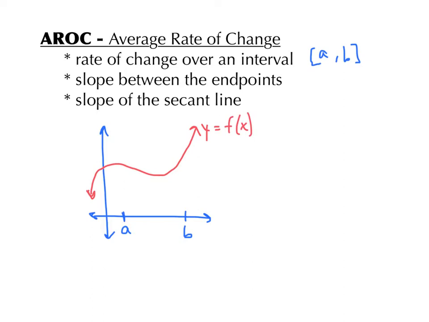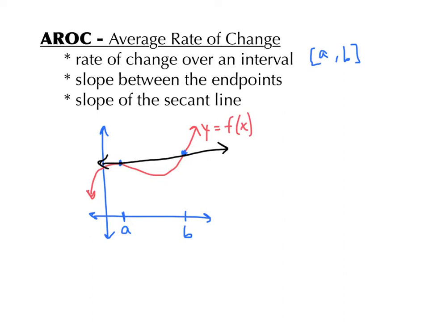So if I were to take those x values up onto the graph, you can see that A is going to intersect right there. And this B is going to intersect the graph right there. So what is the slope of the line that passes through those two endpoints? That line is called the secant line because it intersects the graph in two different places.